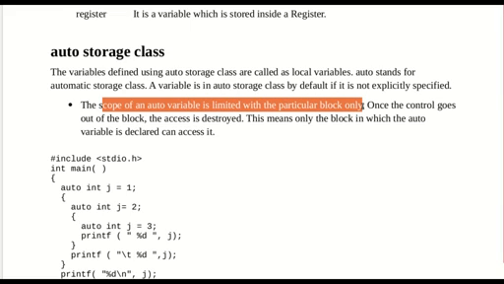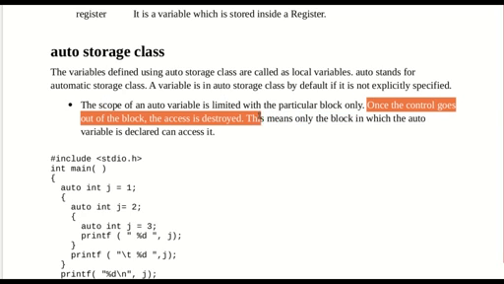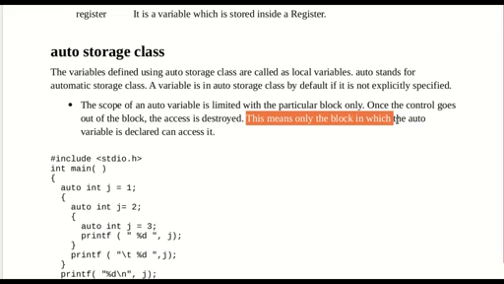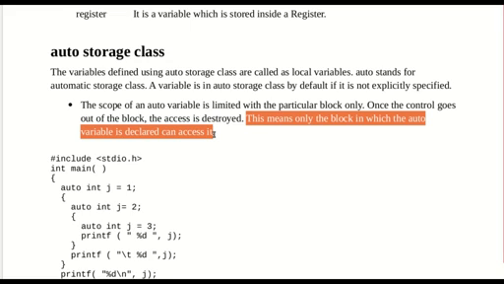Once the control goes out of the block, the access is destroyed. That means once the control goes out of the block, the variable will never exist. This means only the block in which the auto variable is declared can access it. So wherever we define it, we can access the auto storage class variable only in that position.